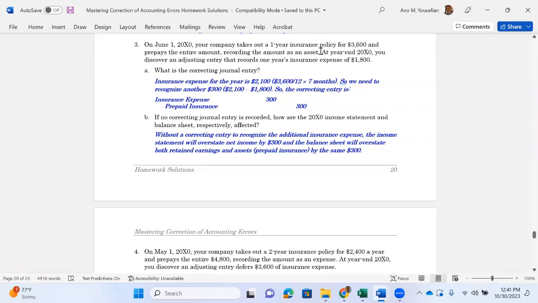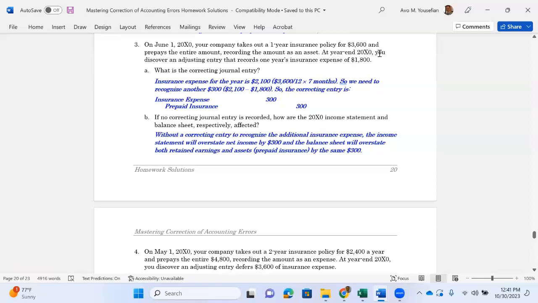So the journal entry is prepaid insurance debit, $3,600, cash credit, $3,600. At the end of the year, I suggest put that in the T account in your notebook so you see what's going on. I just told you the journal entry. So journal entry was what? Debit prepaid insurance, $3,600, credit cash, $3,600.